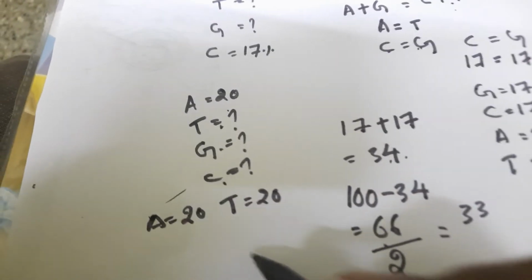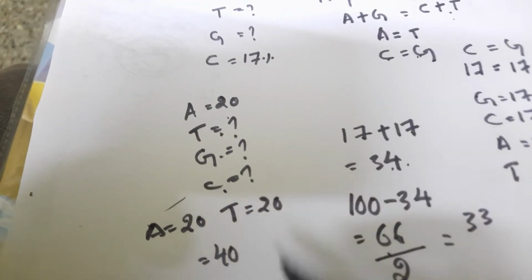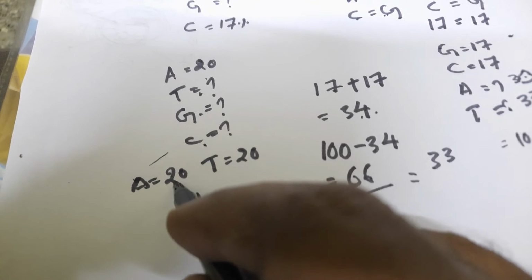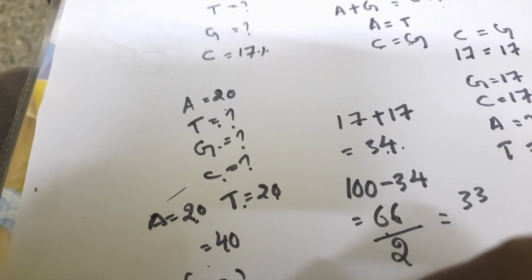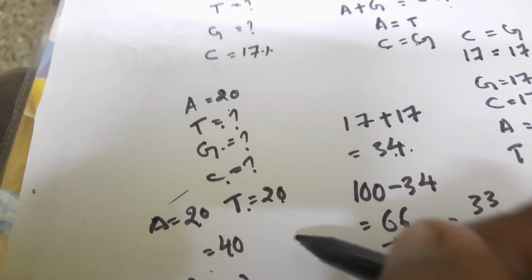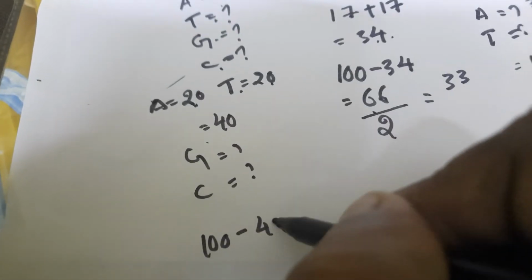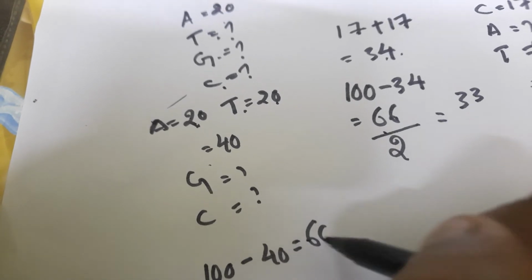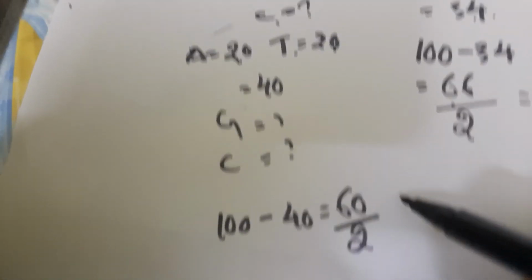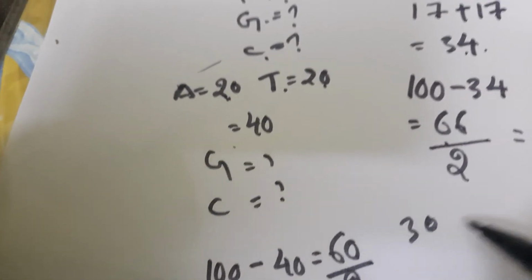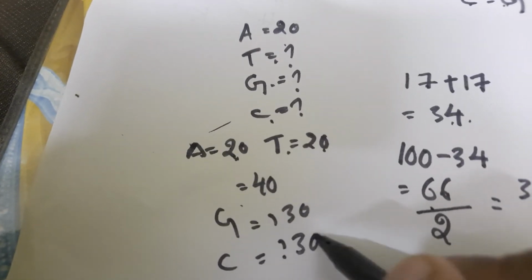So 20 plus 20 is equal to 40. What about G and C? 100 minus 40 is 60. Divide 60 by 2, which is equal to 30. Then G is 30 as well as C is also 30.